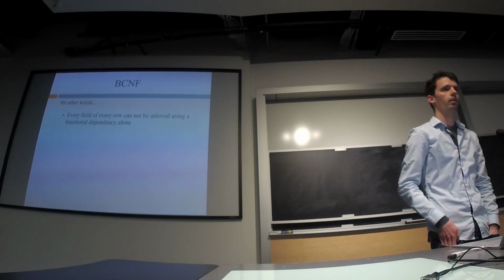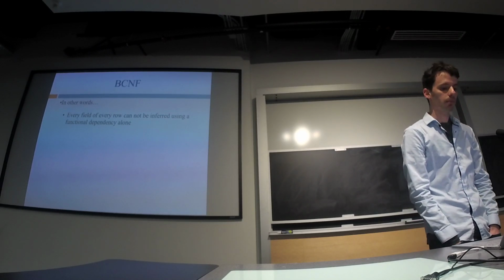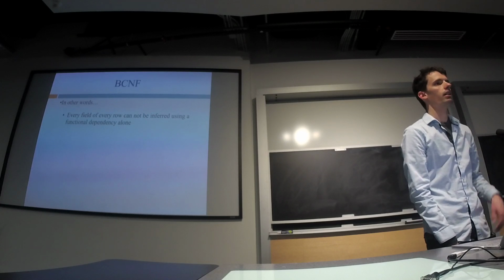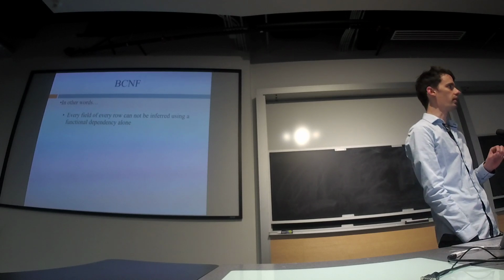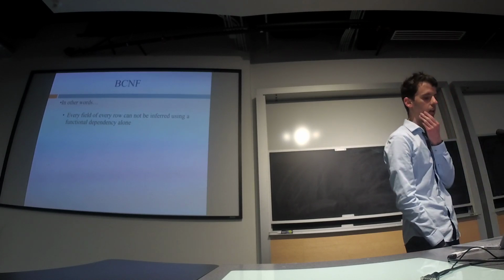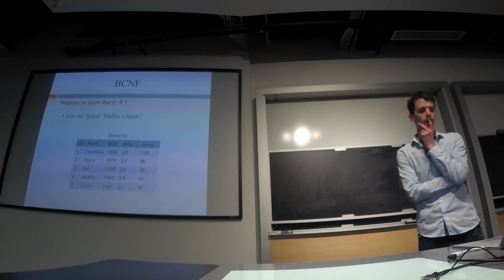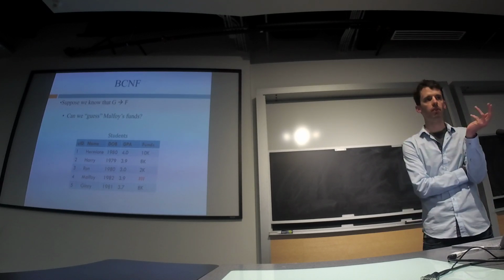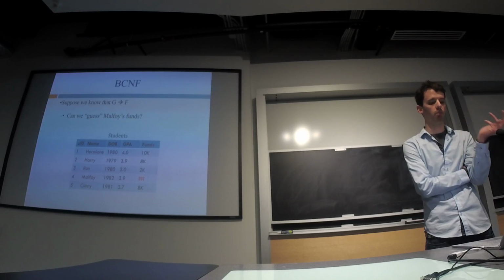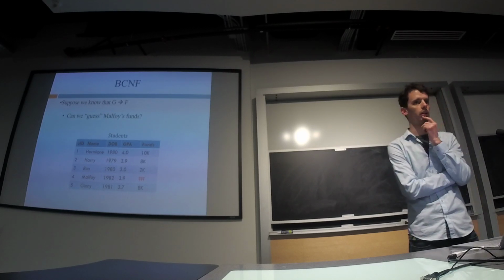So let's look at that more in English. Every field of every row, you cannot guess its value using only functional dependencies. You cannot infer its value. So let's look at this. We know some of the functional dependencies. We know that there is one from GPA to funds. Can we guess the value of these question marks here?